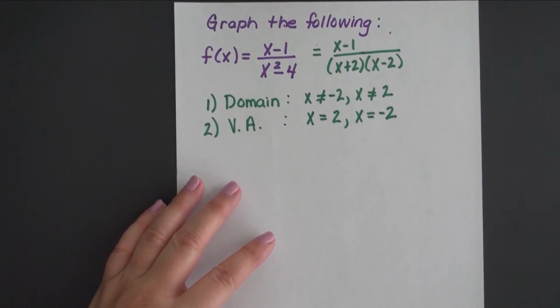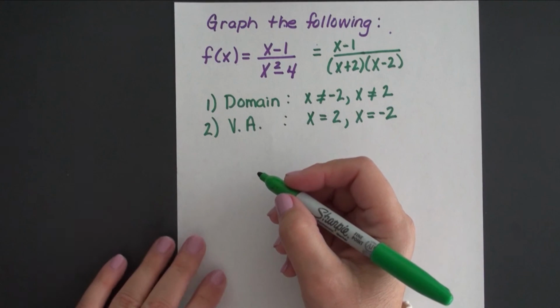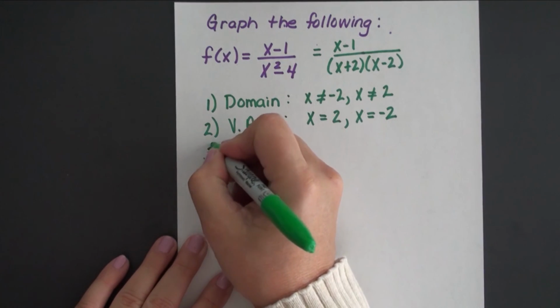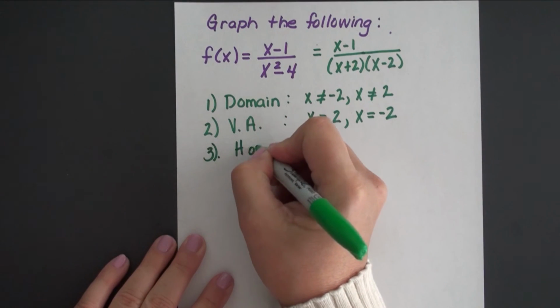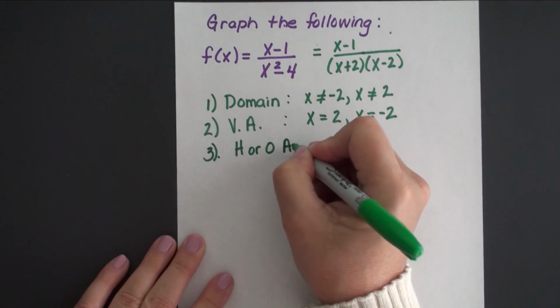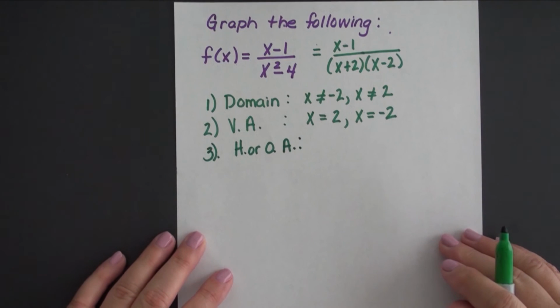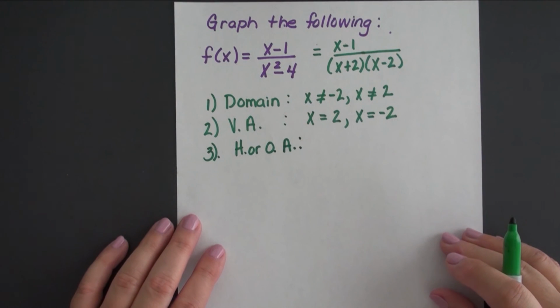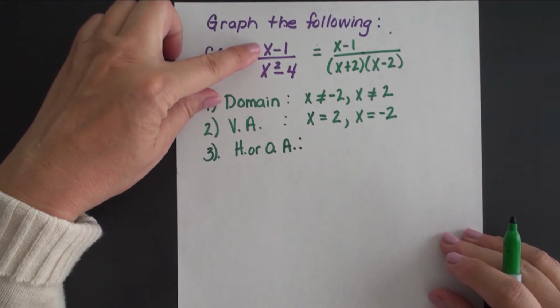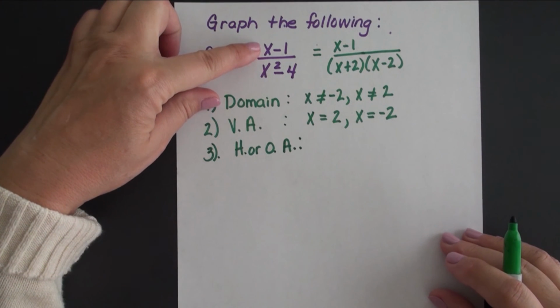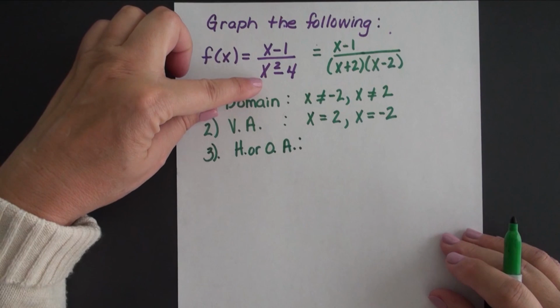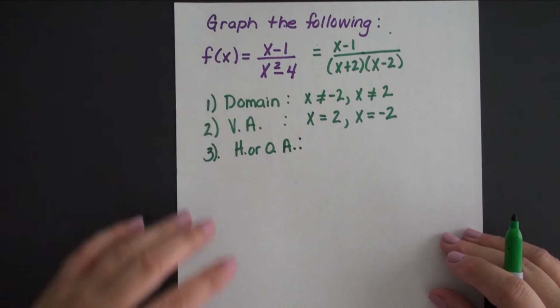The next step is we need to determine the horizontal or oblique asymptotes, and we learned that in the last video. We look at the degree of the numerator and the degree of the denominator, and we see that the degree of the numerator is less than the degree of the denominator.